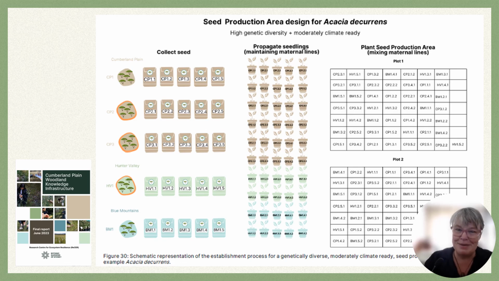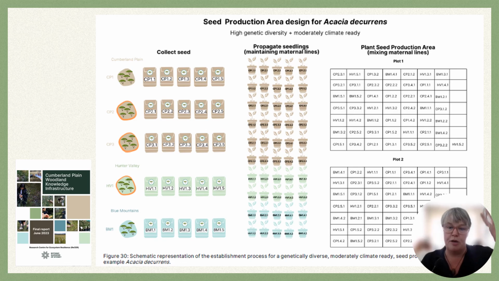So in order to maximise genetic diversity, we recommend collecting seed from 5 different sites across 3 geographic areas: Cumberland Plain, Hunter Valley and Blue Mountains. We advise that some of those sites are in future climate conditions. And by collecting those individuals, you can capture 90% of total genetic diversity.